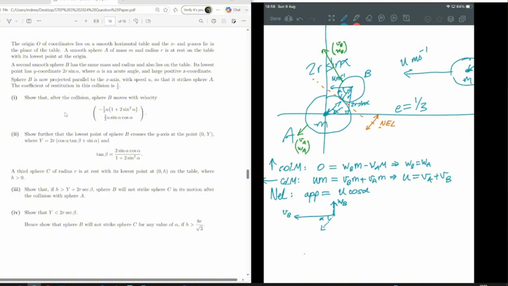So what's that going to be? So that's going to give us a VB sine alpha is pointing towards the collision, minus a VB cos alpha, because I can put another alpha here.